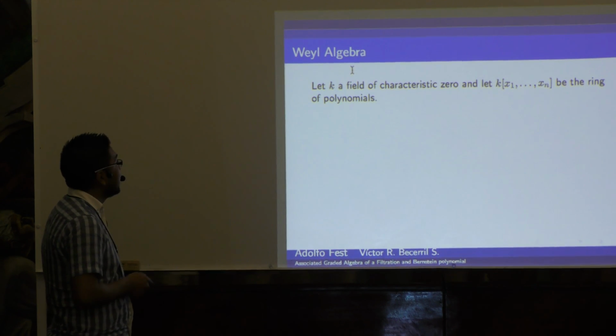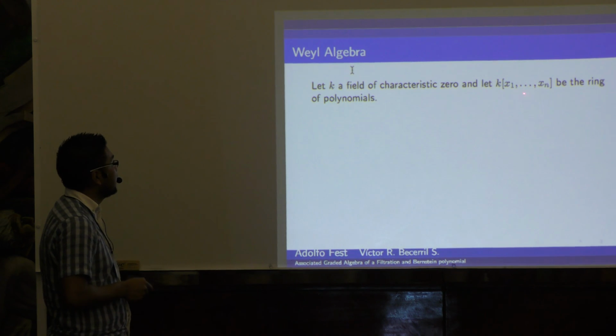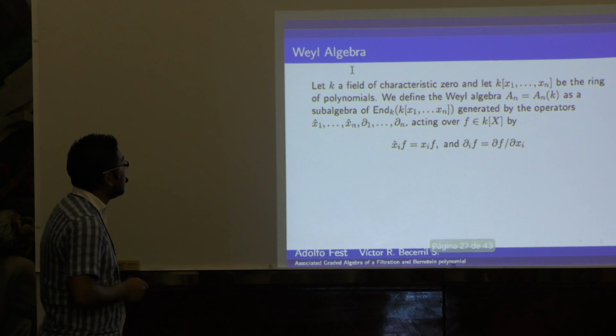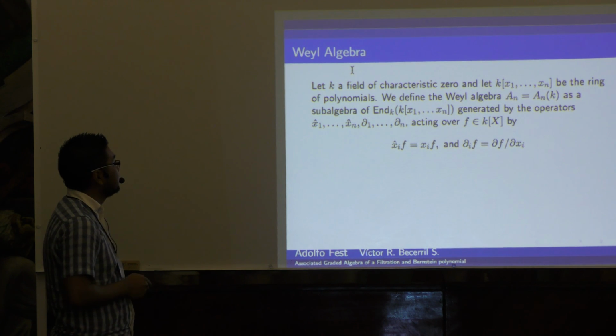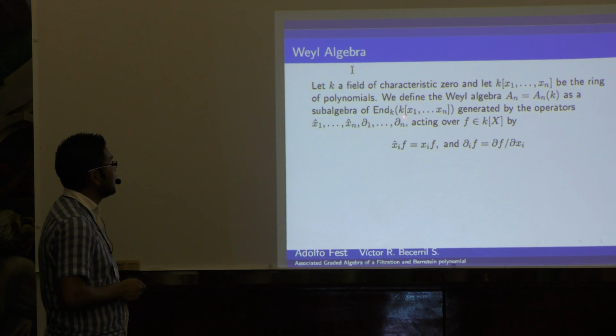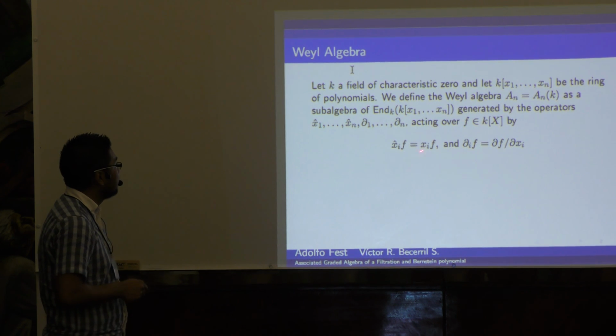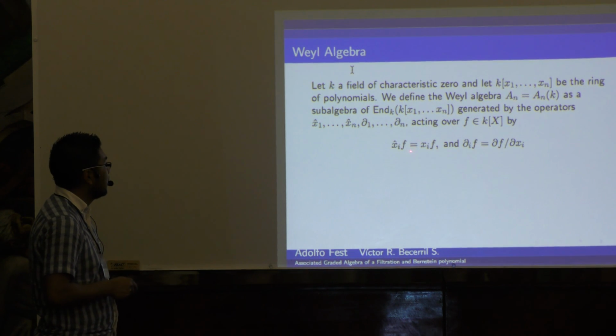First we consider the ring of polynomials in n variables, and we define the Weyl algebra over this field as a subalgebra of the endomorphisms of the polynomials generated by the operators x and the deltas, acting over a polynomial in this form.